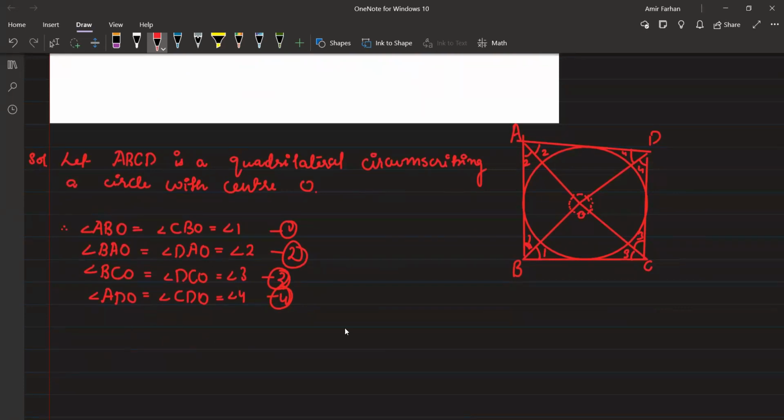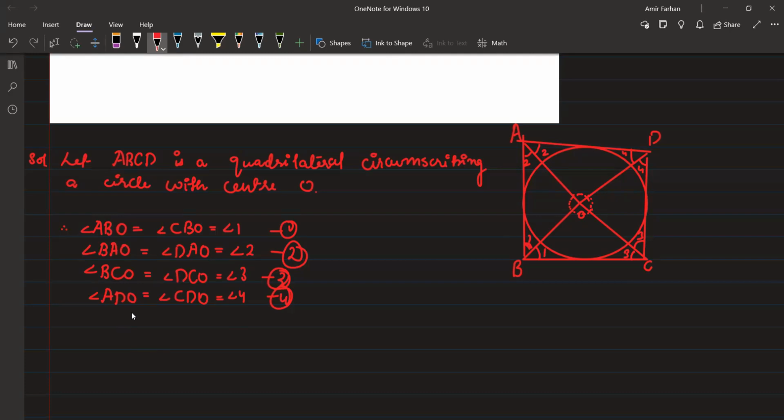So can I say that if I add all the angles, I will get 360? Yes, obviously. Add all the angles. How many angles are there? Angle 1 is twice a time, angle 2 is twice a time, angle 3 is twice a time, angle 4 is twice a time, is equal to 360?